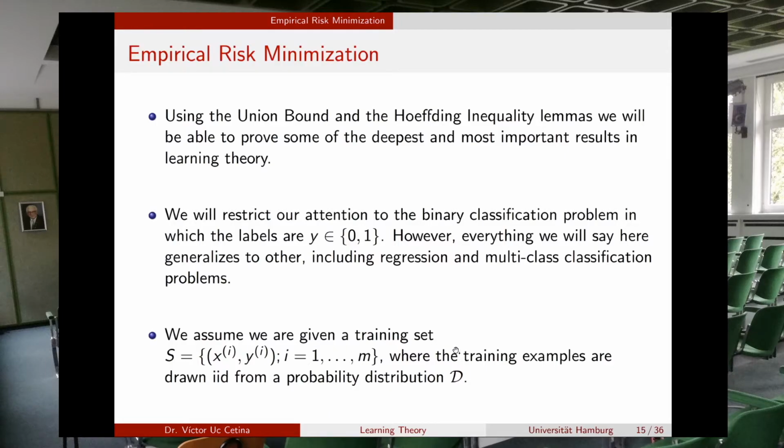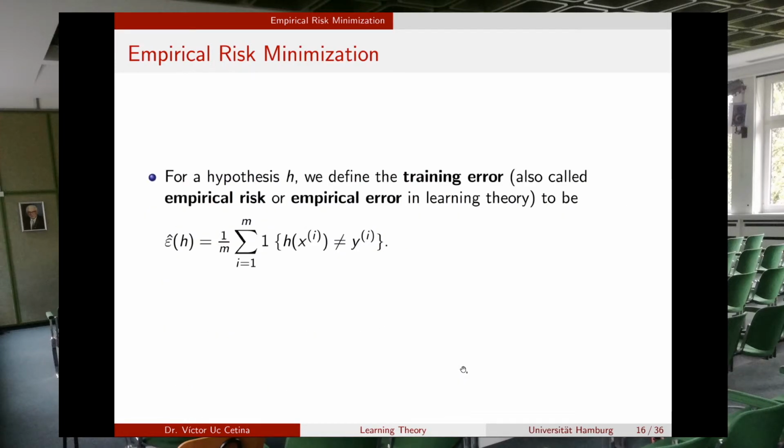All these examples we are going to consider to be IID, independent and identically distributed, from the same probability distribution that we are going to call D. So for a hypothesis H, remember a hypothesis H could be, for example, a polynomial of degree 3 with specific parameters theta.